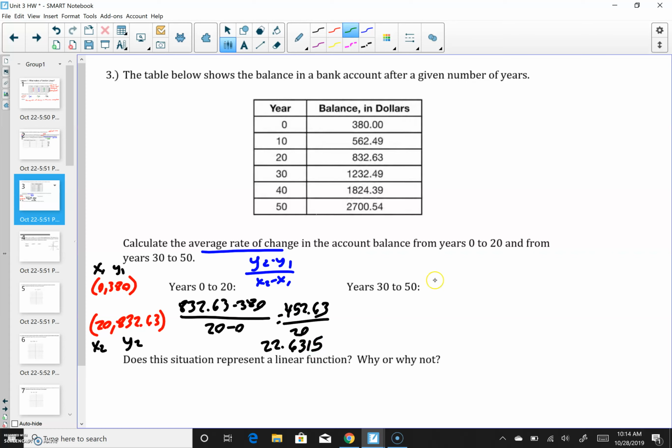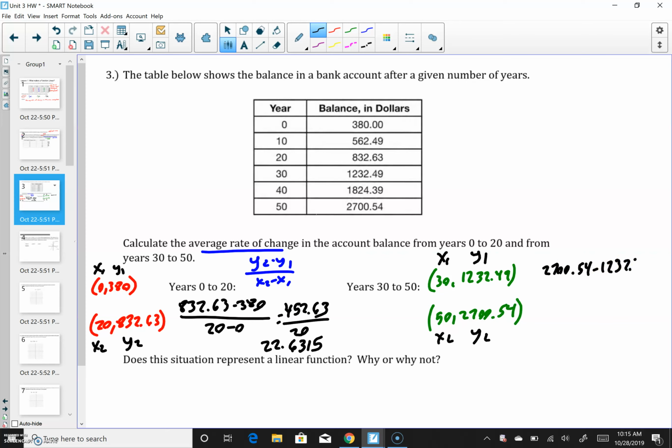So now I'm going to do the same formula here, but now I'm going to do it from 30 to 50. So 30 is 1232.49, and 50 is 2,754. So same deal, I've got x1, y1, x2, y2. So 2,754 minus 1232.49 over 50 minus 30.